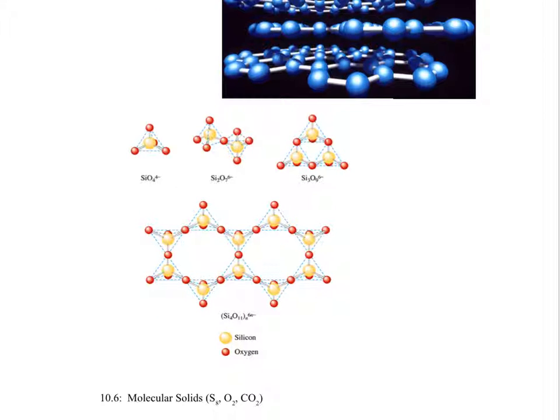Now, as I said, SiO2 is sand, but it goes by its empirical formula. And sand is based on a network of SiO4 tetrahedra. So let me explain this a little bit differently. Silicon-oxygen compounds are often referred to as silica.